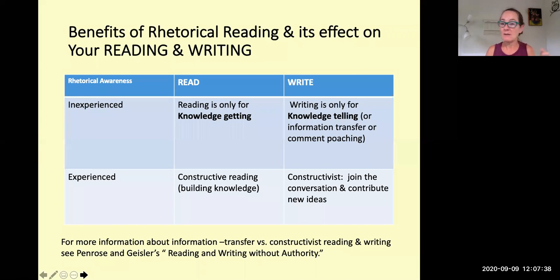When you write, you don't simply pass on what you learned from the sources, but you join those sources in conversation, right? So if two sources agree and one disagrees, you present that conversation and how they agree and disagree, and then you contribute something, a new idea, right? It's not just your job to report, it's your job to join the conversation and offer new ideas.